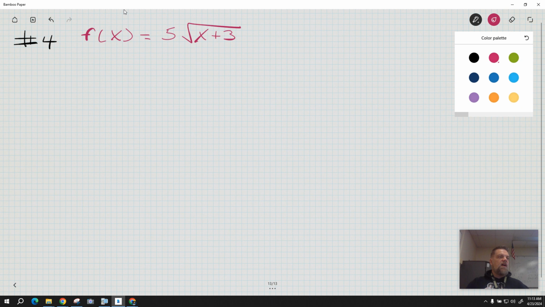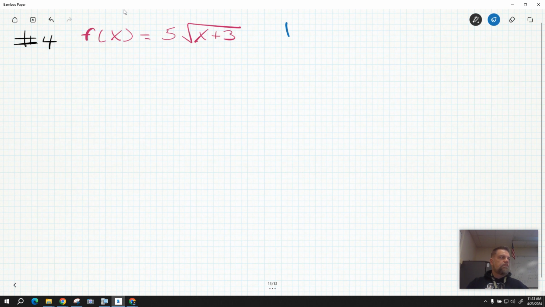They want us to find f inverse of x. Now there's a couple things before I even get started. I have to define the domain of f of x because there is a restriction. Remember, this stuff right here cannot be negative.